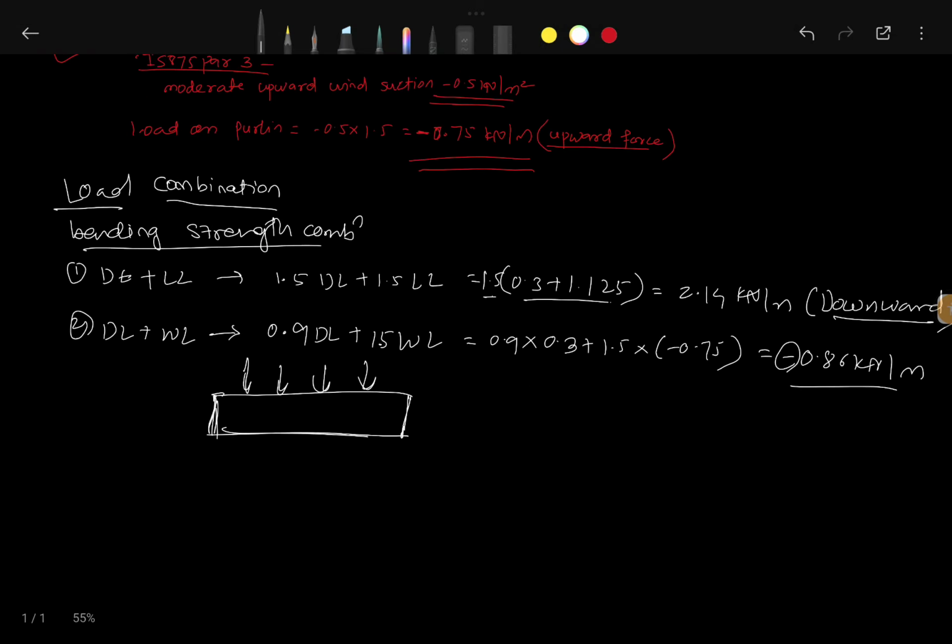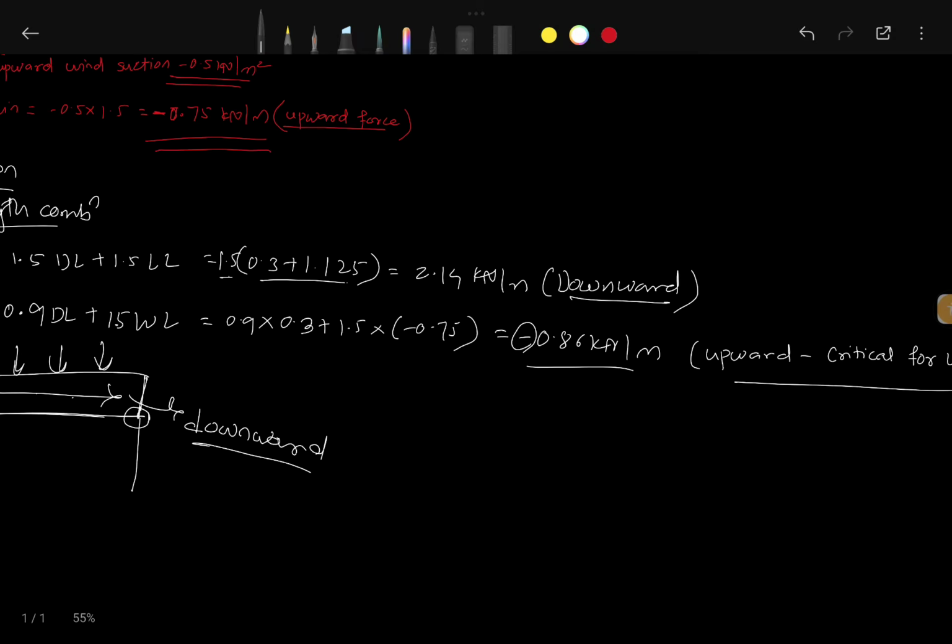If we want to stabilize this member, if this member has higher strength, then it can resist more load. So we don't want more connection details and other fabrication, but we want strength in this member for downward load.